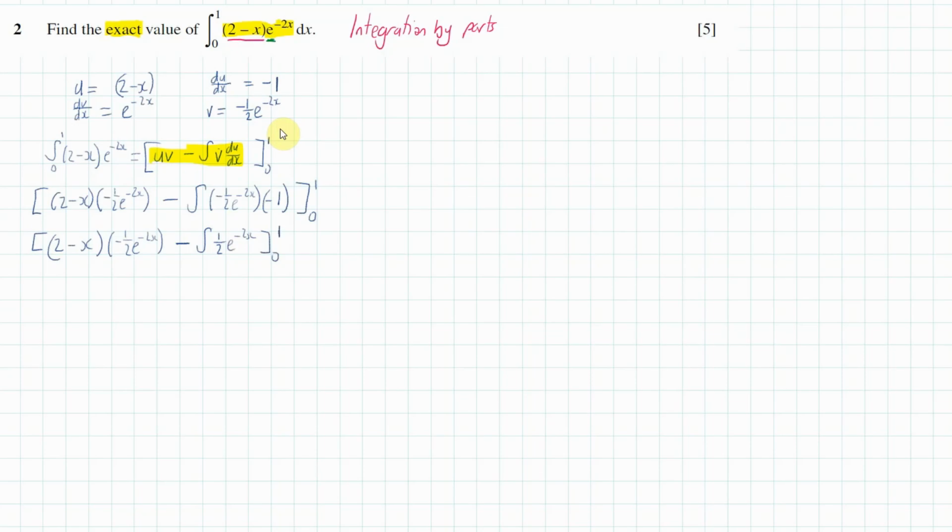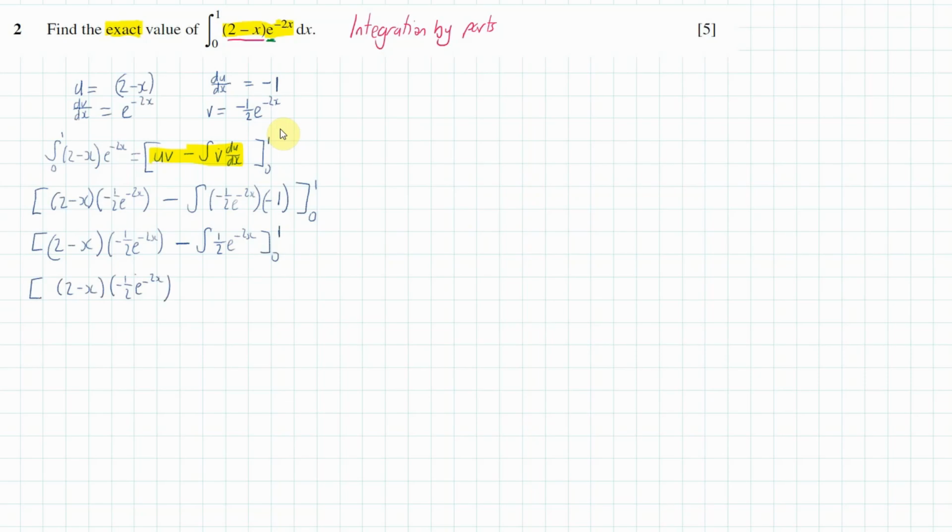Yeah, I'm doing this slowly, step by step. It's okay. Next one, I think I'll just leave that as is, e to the minus 2x. Okay.